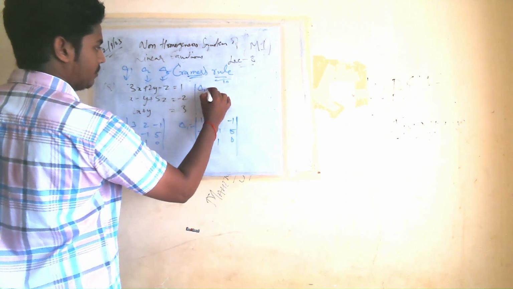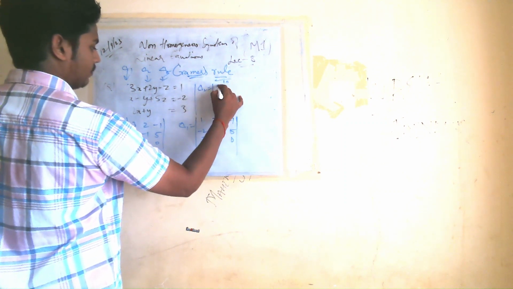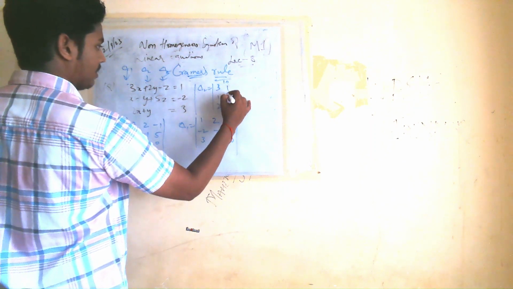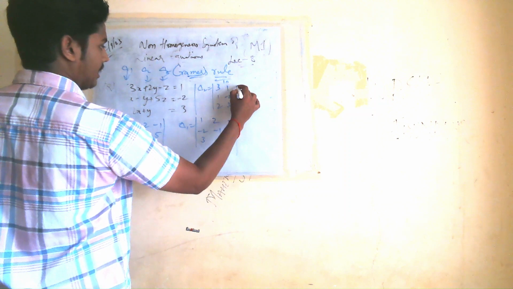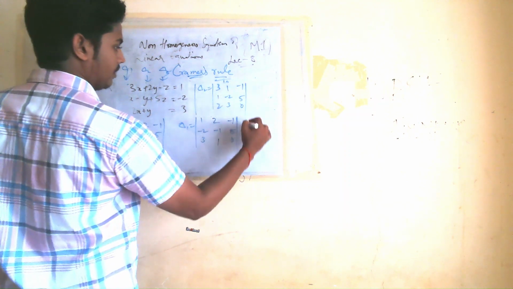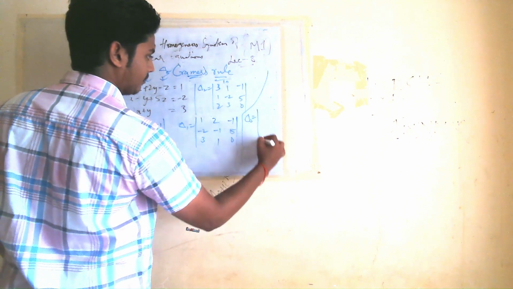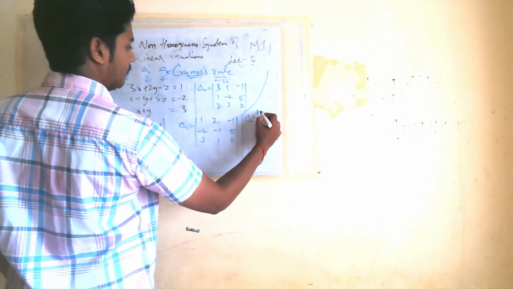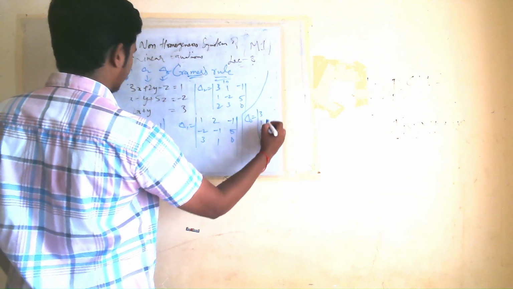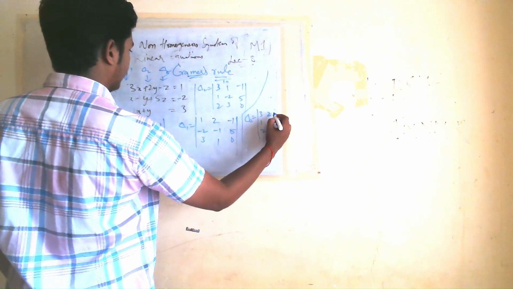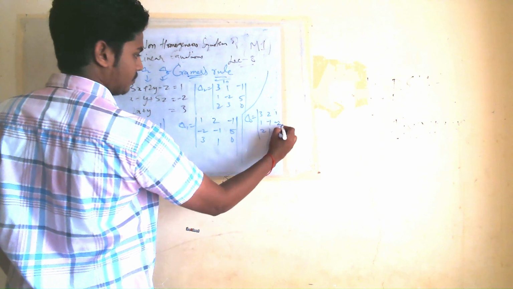And delta 2 would be 3, 1, minus 1; 1, minus 2, 5; 2, 3, 0. And finally delta 3 would be 3, 2, 1; 1, minus 1, minus 2; 2, 1, 3.